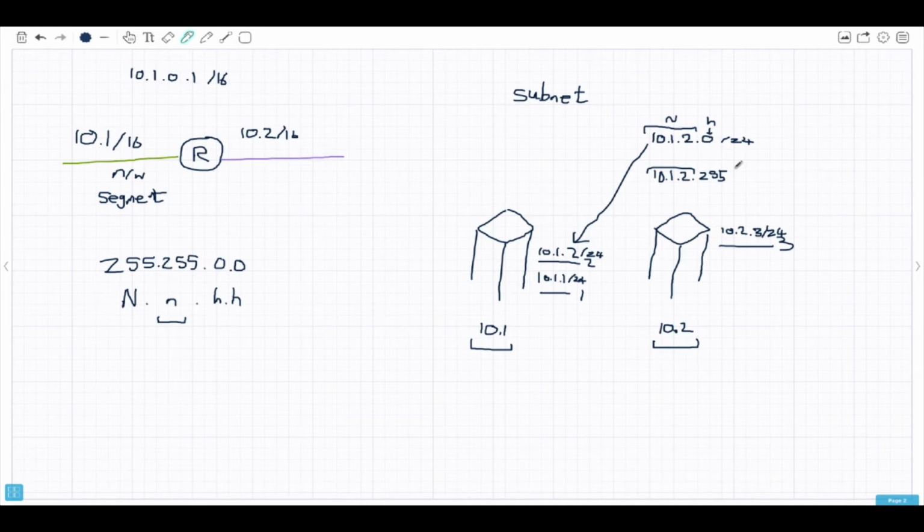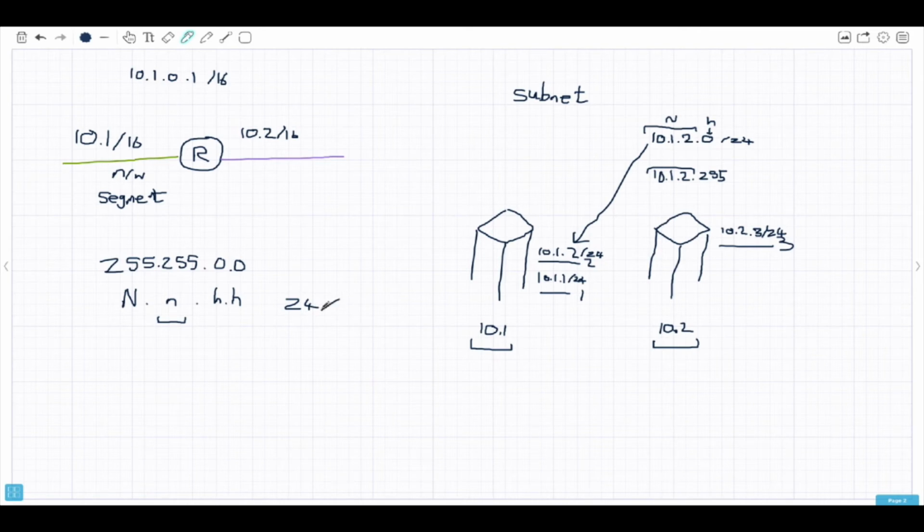Because of the rule of the 0s and the 1s, you can't actually steal all the bits in the host field because you'd have no space left for hosts. So in the example here where we have 32 bits in our IP address, people think, oh, you can steal 8 plus 8 plus 8 is 24 bits. No, you can't do that because now there's no bits left for host.